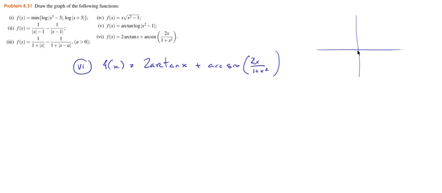Also, realize that this function is odd. The arctangent of minus x is minus the arctangent of x, and the arcsine of minus x is minus the arcsine of x, so this function is also odd. So we only need to check the positive half axis.